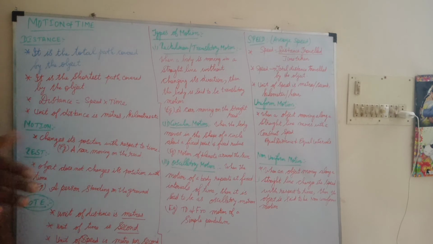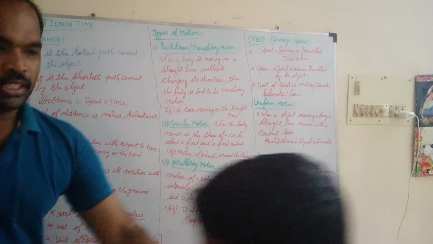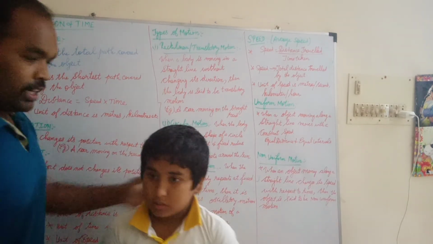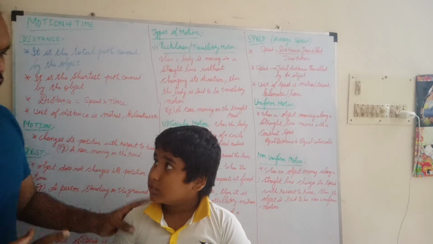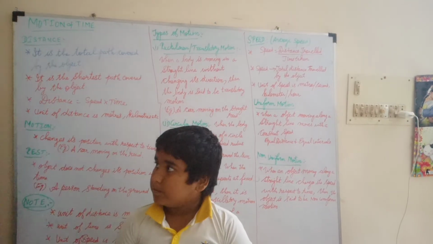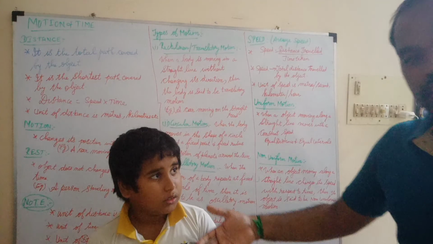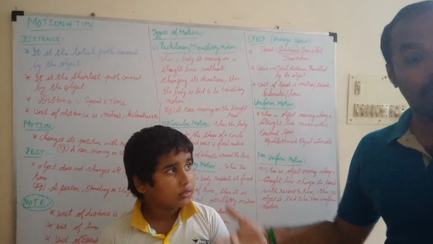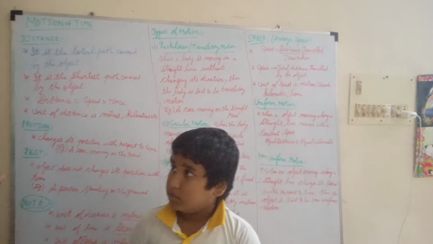Likewise, see, come here, stand up. Listen, students, see here. We can consider this guy an object. From here to here, how much is the distance? If I am standing here and move to here, how much distance has been covered? How many meters are there?